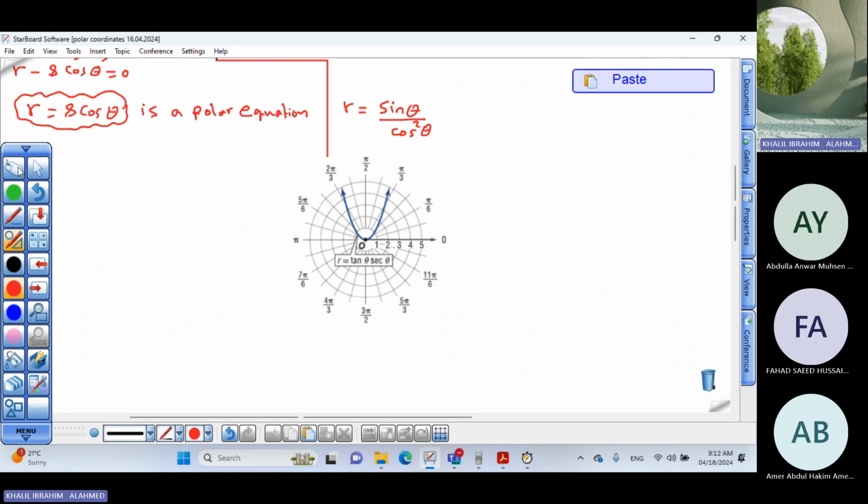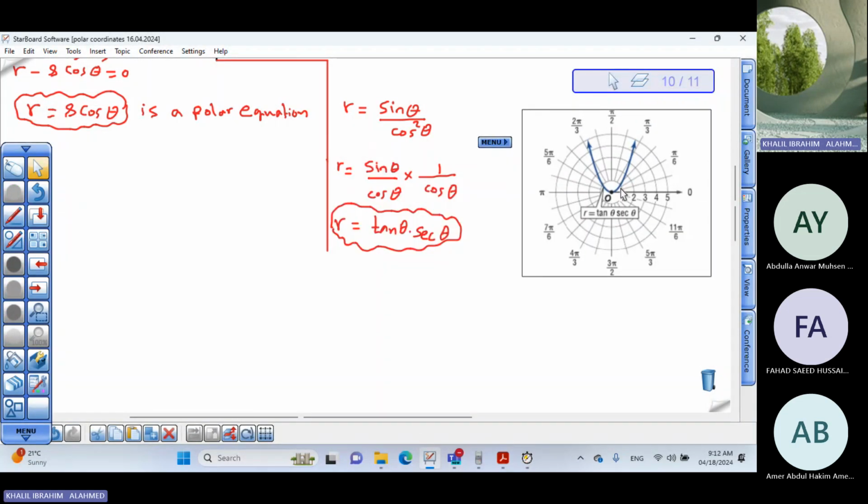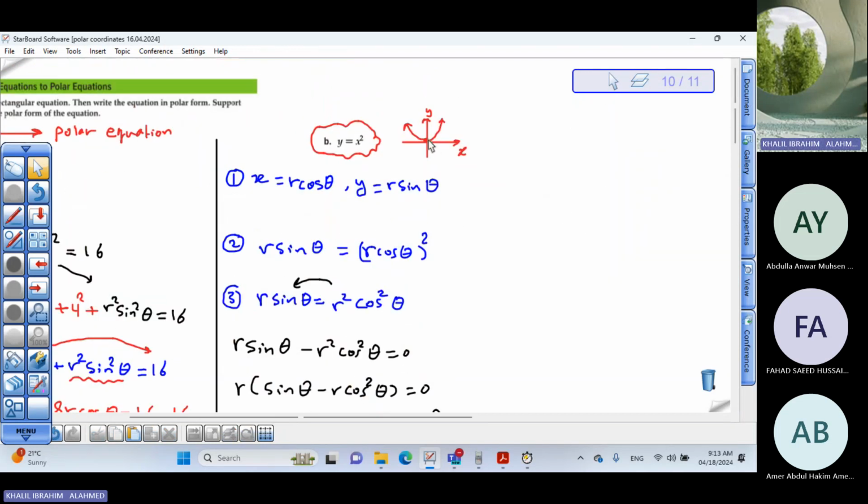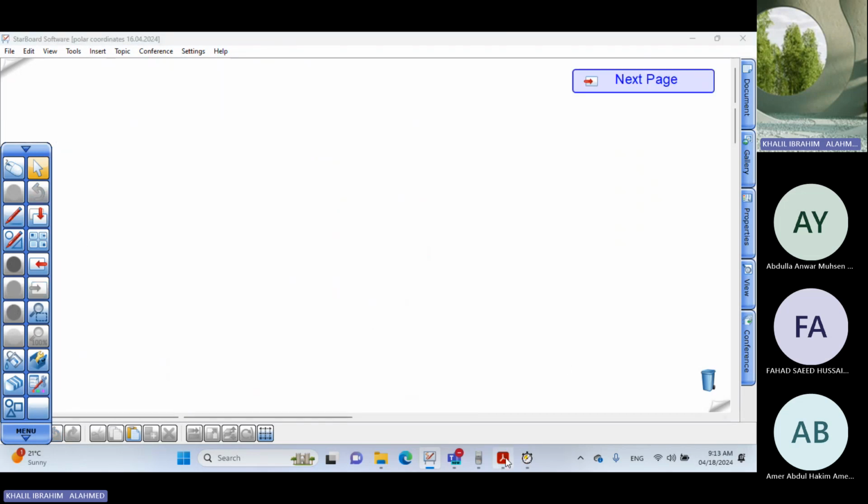Yes, this is in polar equation: tan theta, sec theta, parabola, because here also, as I graphed or sketched the equation. Let's move to the next example.